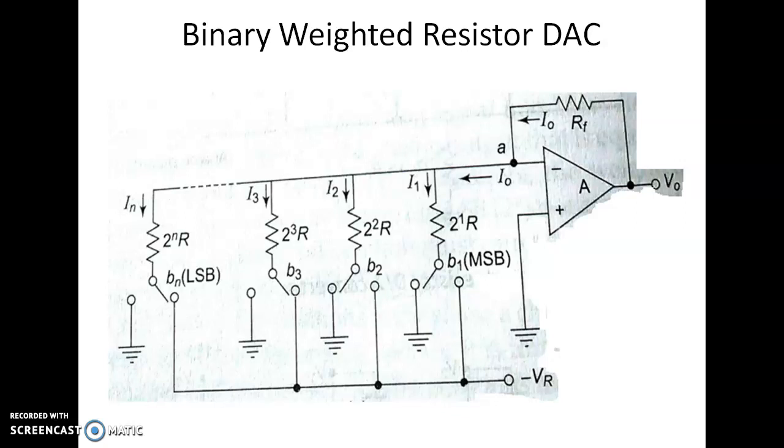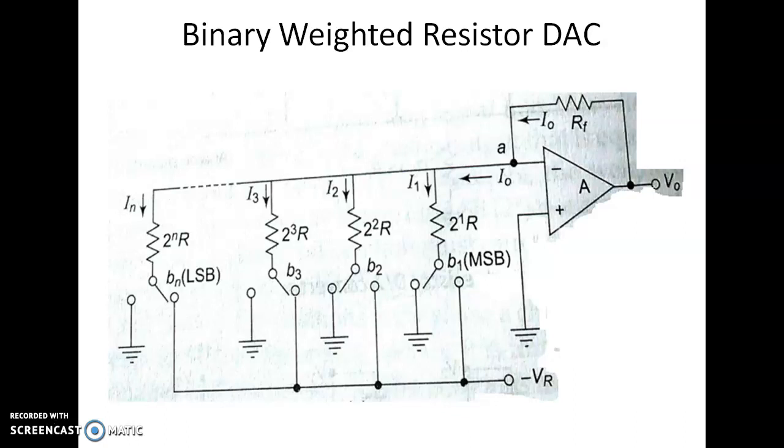So depending upon the positions of the various switches, we have the currents I1 to IN for the different paths that will start flowing through the resistors 2^1 R to 2^N R respectively.